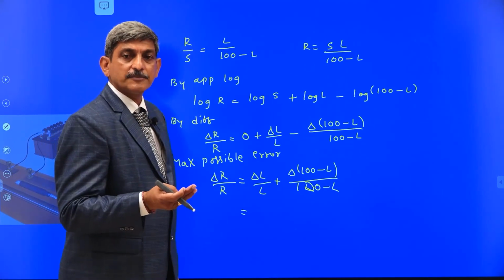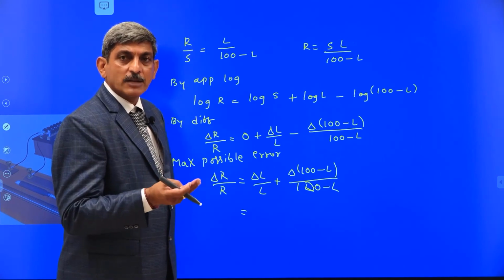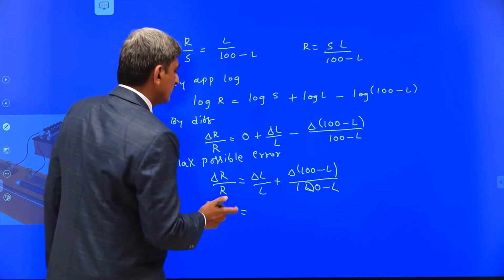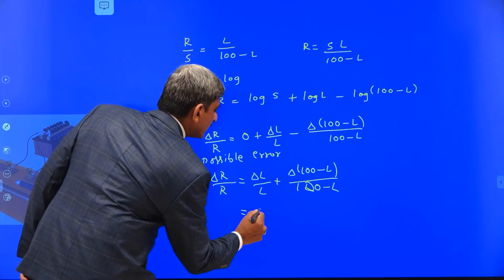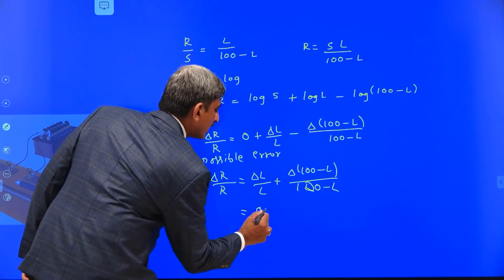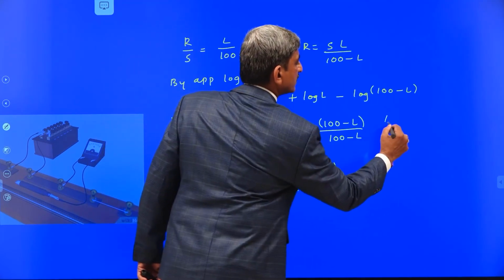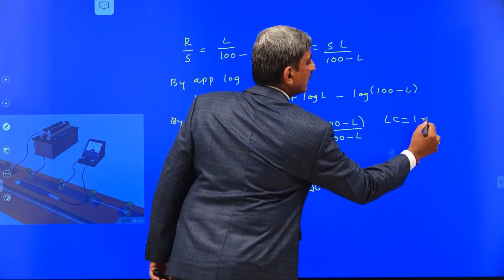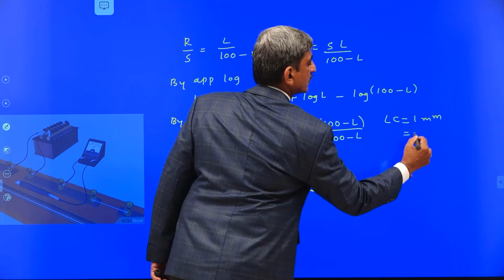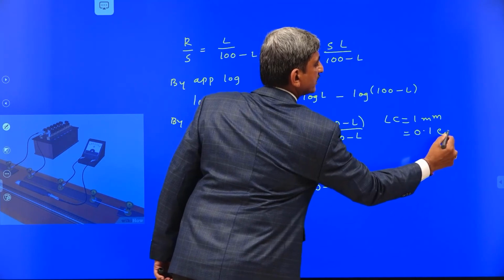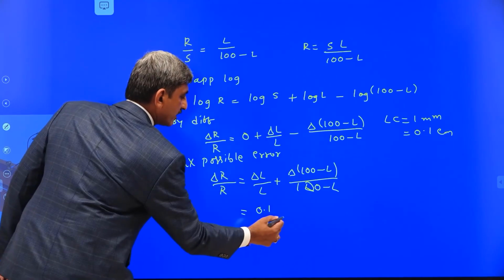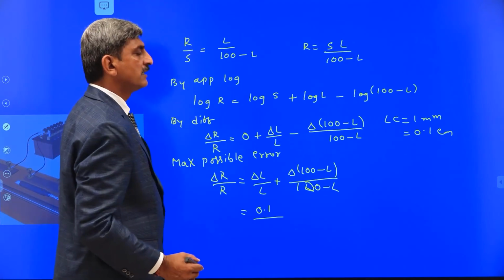Delta L is the maximum error that can occur in the measurement of the length, which is nothing but the least count of the scale, that is equal to 1 millimeter or 0.1 centimeter. The least count is 0.1 centimeter, divided by the length.